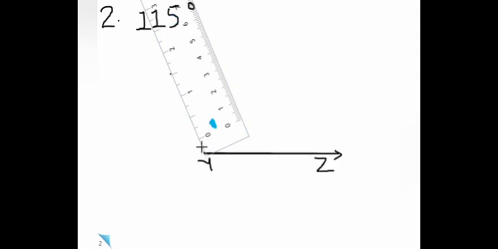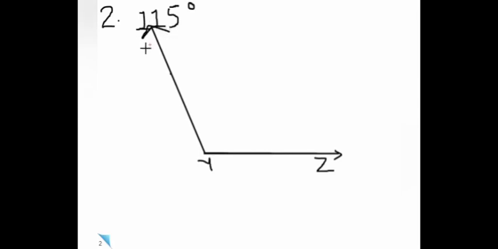So from here you are going to draw a line. Done. Now you will take the scale aside and with the help of pencil you are going to draw an arrow here and you will name this point as X. Yes, so we now have angle XYZ of 115 degree.